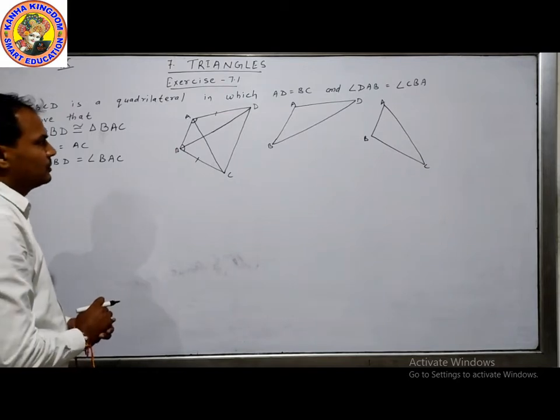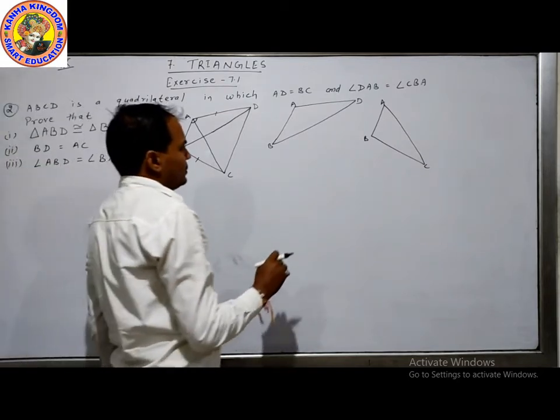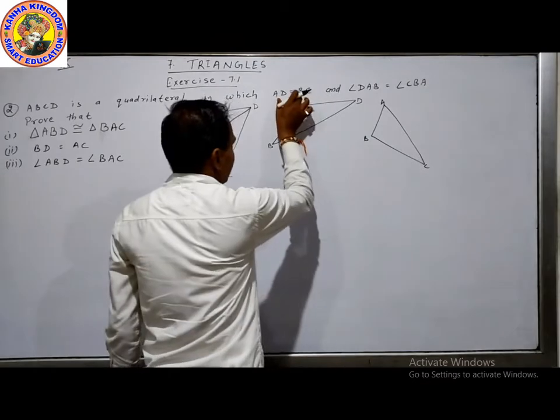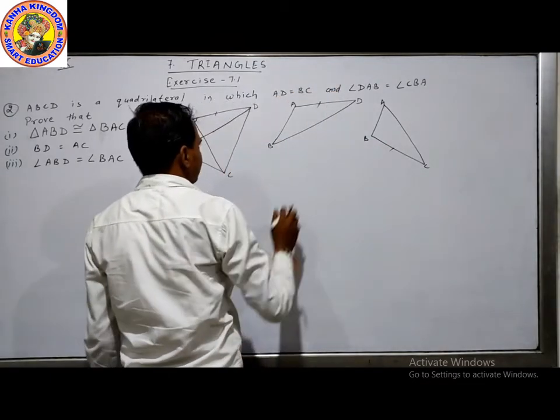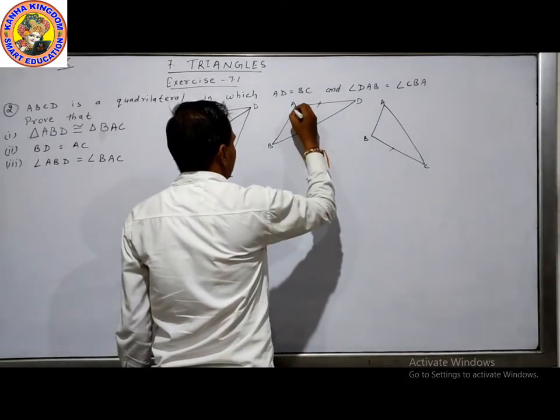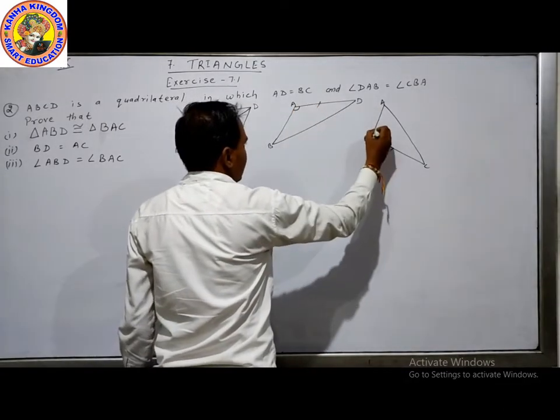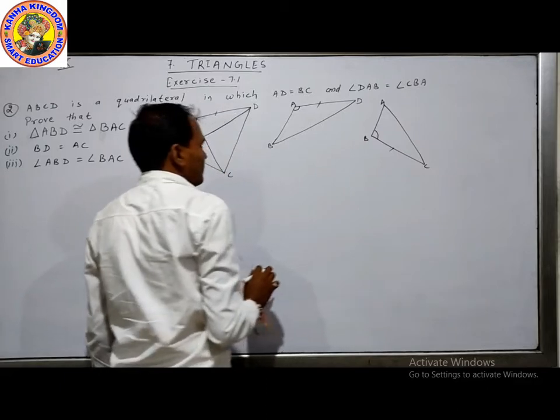We have to prove congruence of these triangles. AD is equal to BC, and angle A and angle B are equal.